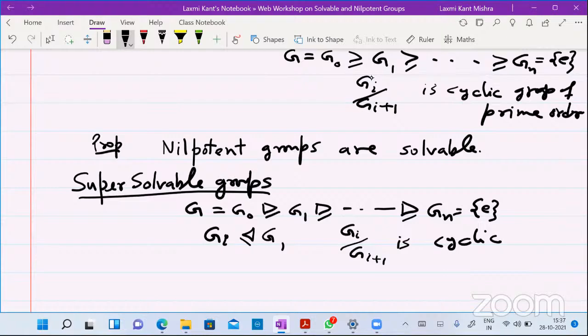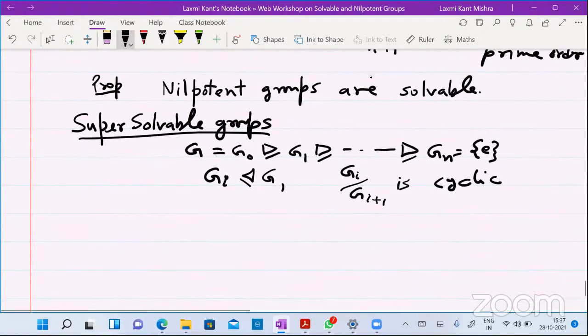I hope I am not wrong. Super soluble groups are those groups which have a normal series like this, where every subnormal subgroup is normal in G, and the factor groups are cyclic.